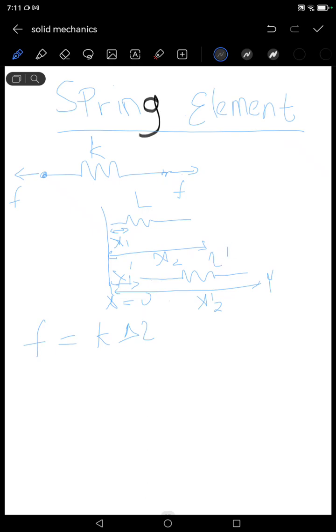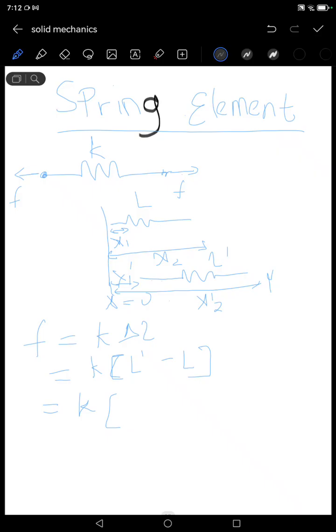So in these two springs we're going to have K into L prime minus L. Therefore we have K into L prime, where L prime is given by x2 prime and x2 from these two springs.